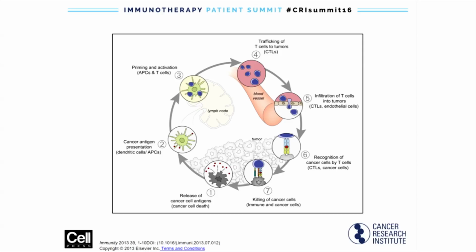So all of these immune therapies fit into the context of what we call the cancer immunity cycle. It takes a lot of steps, just like when you get an infection or if you get vaccinated to the flu or pneumonia or what have you, there's a lot of steps in the generation of an effective immune response and to keep that immune response going in order to effectively eliminate the infections.